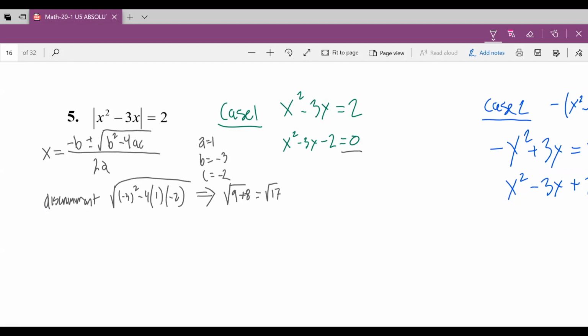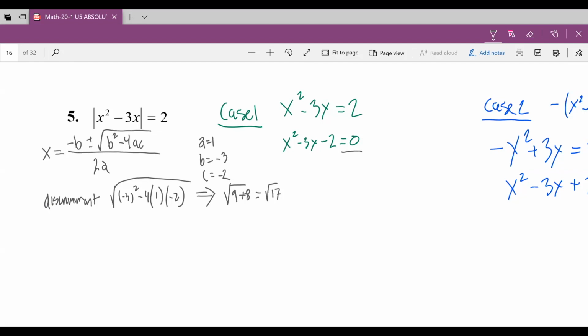Oh my gosh, that looks ugly. The good news is that we do have roots. The bad news is that it has a root 17 in it. All right, the discriminant test tells us we should move forward.